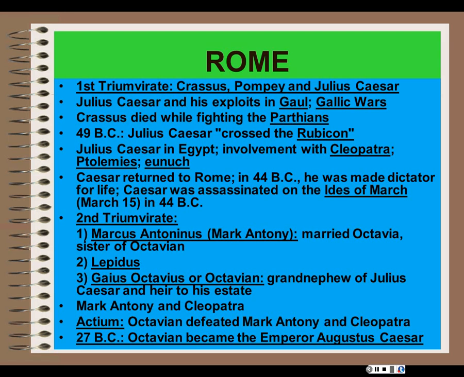This whole thing will continue to fall apart. And so, when you look at things like the first triumvirate, the second triumvirate, Pompey, Crassus, Julius Caesar, all fighting against one another, Caesar making himself dictator for life and being assassinated in 44 BC, then a second triumvirate forming, and finally all of this comes out in 27 BC when Octavian became the Emperor Augustus Caesar, and this begins the so-called imperial period of Roman history.